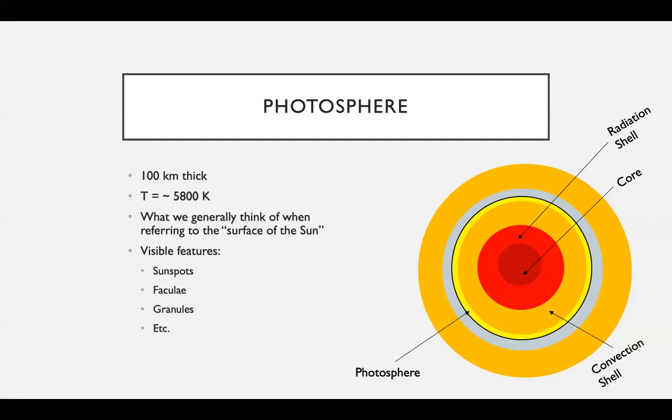Granules are essentially the visible part of the rising and falling convection cells, which we saw in the last shell. So those are just a few of the structures which can occur. Discussion of when these structures occur and the 11-year cycle through which they occur should be left to a future discussion. But it's important to know that these are where these structures potentially exist.